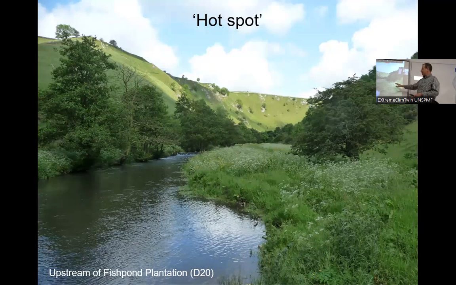And we can start to identify the locations of the really hot water. This is one of the hot spots. And if you look at this image of the landscape, you might imagine why this is trapping the heat in this steep valley with relatively little shade. The water's exposed to a lot of solar energy, both at this site and from upstream.